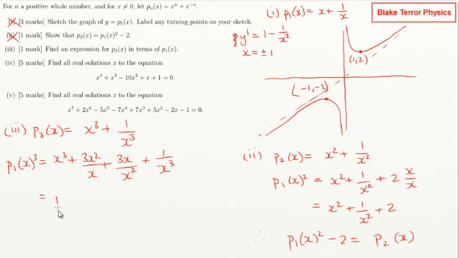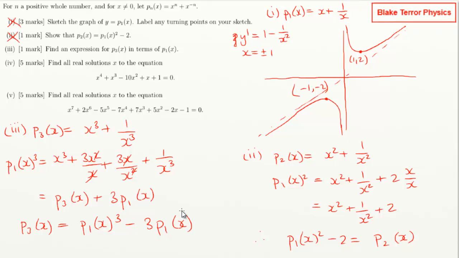So that is p3 of x plus, what have we got? Get rid of that and that and that and that. That's 3 p1s, isn't it? 3p1 of x. So we've got p3 of x is p1 of x cubed minus 3p1 of x.